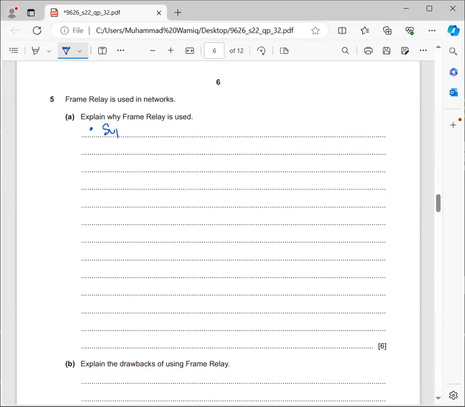The first point you can write here is that frame relay supports the transportation of data at higher speed.